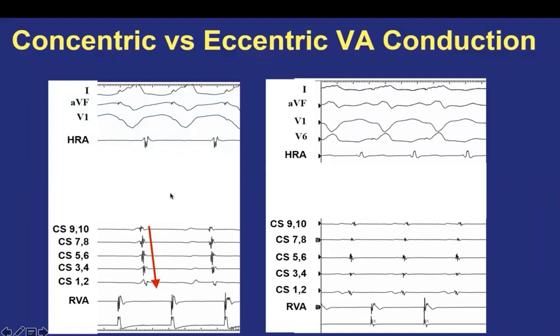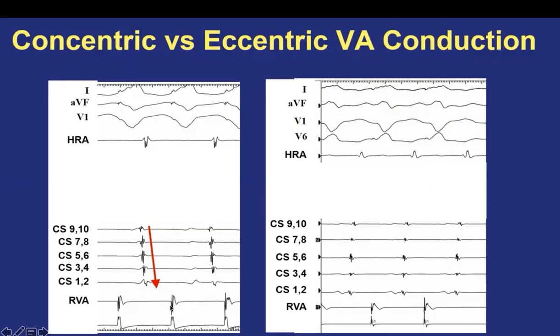If we compare this to this, both of them have paced ventricular beats, and this VA conduction is going with the concentric activation, in which the conduction goes backward from the ventricle to the atrium through the AV node, and the evidence is that the earliest here is 9-10 rather than 1-2. The duration from here to here is shorter than the duration from here to here.